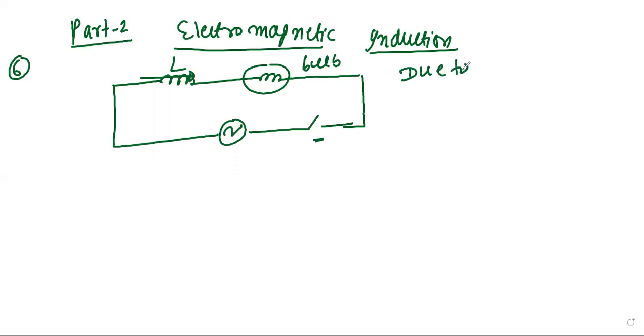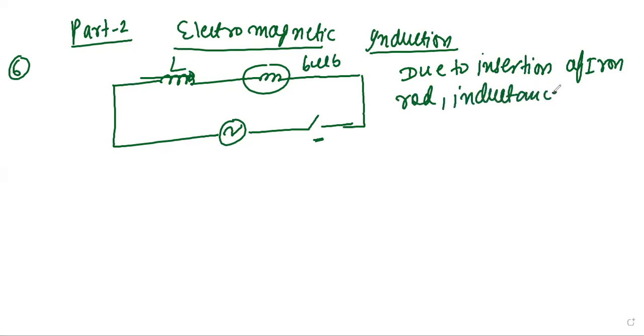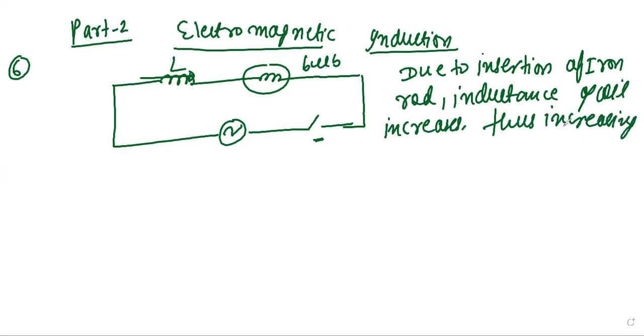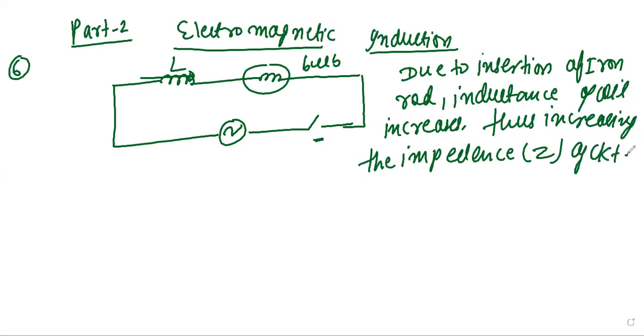right? Due to insertion of the iron rod, the inductance of the coil increases, thus increasing the impedance Z of the circuit, right?